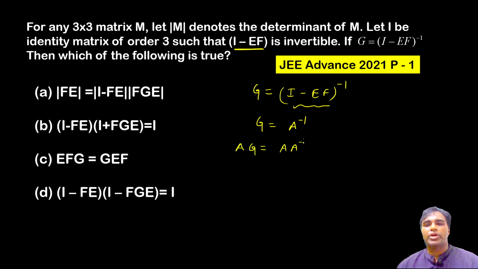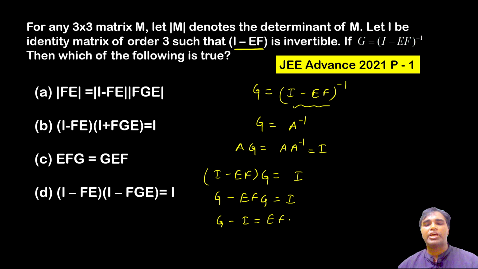A into A inverse, and we know this property, A into A inverse is how much? I. What is A, I assumed? I minus EF. So let's suppose this is G and this is I. I multiplied with any matrix will be the same matrix. So G minus EFG equals I. And from here I can tell G minus I is how much? EFG. Equation number 1, I can say.